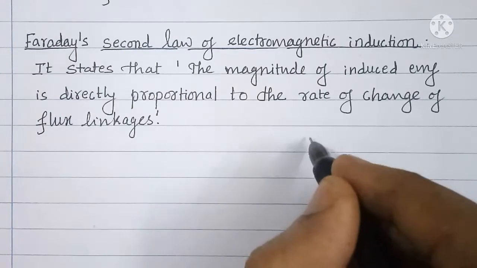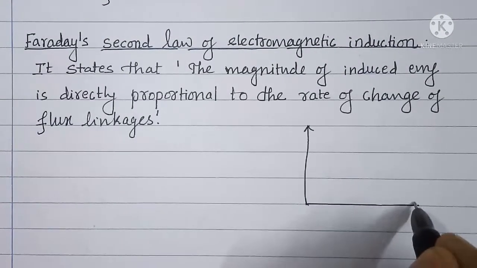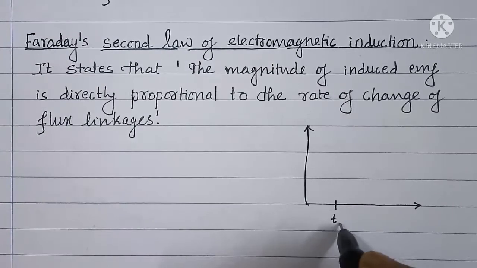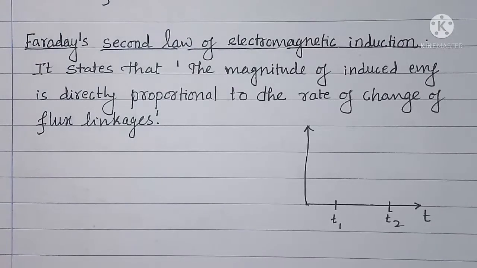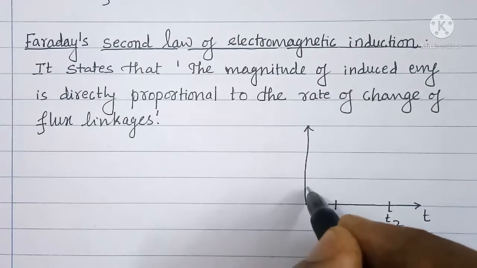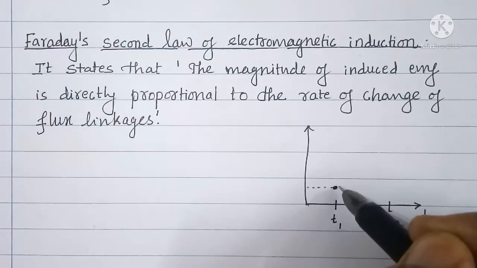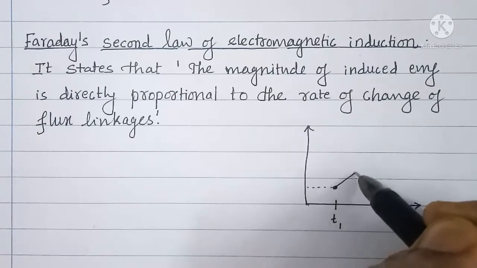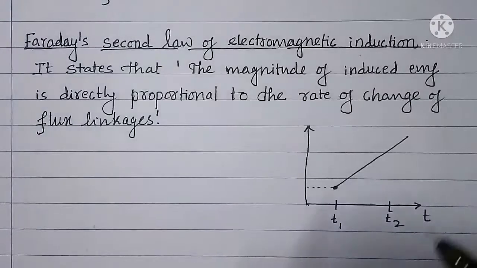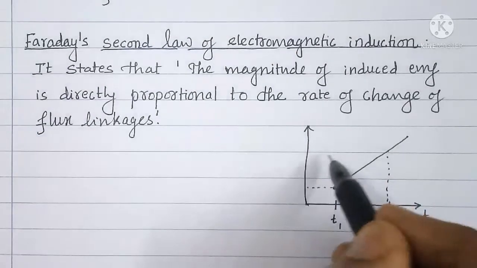Let us say there is a conductor, and at a time t1 flux phi1 links with the conductor, and say this flux that links with the conductor goes on changing with time this way, and at t2 flux phi2 links with the conductor.